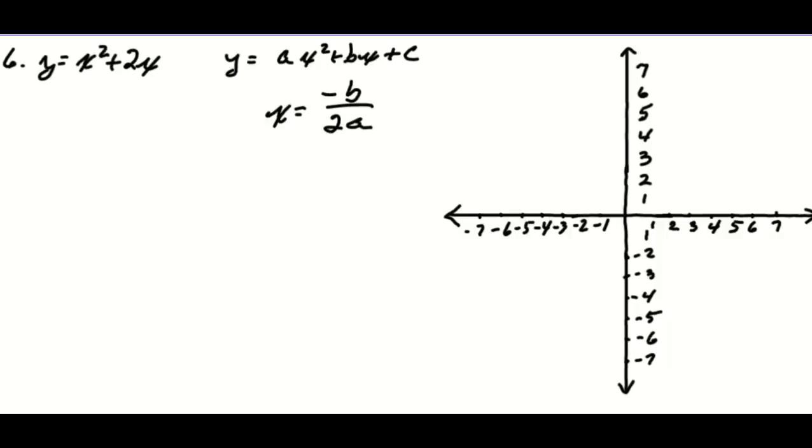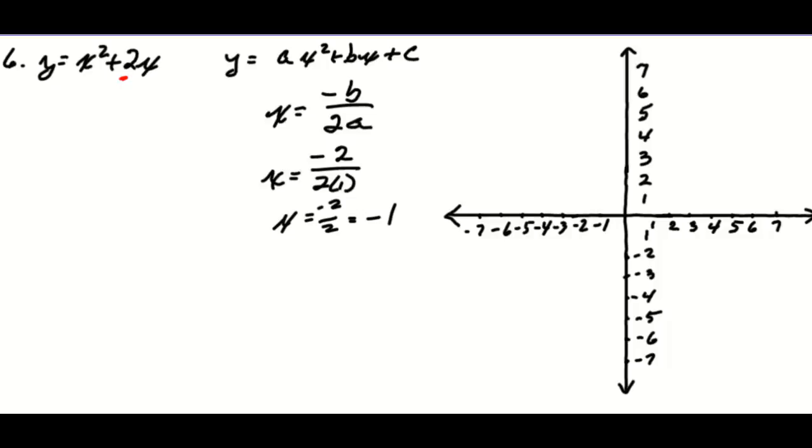Now we do have that b term right here, so we can plug that into our formula. x equals minus, and our b term happens to be 2, over 2 times 1. So x is equal to negative 2 over 2, or negative 1.